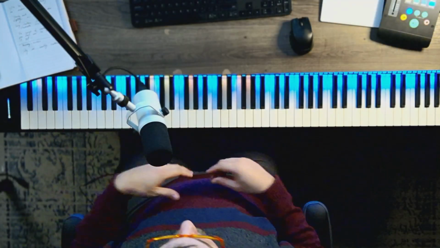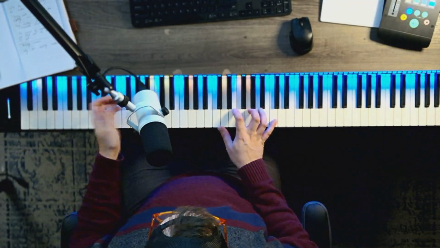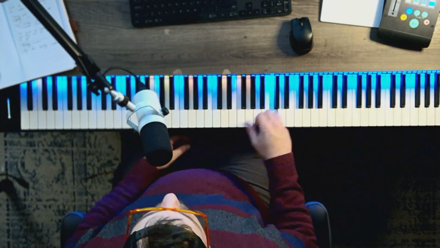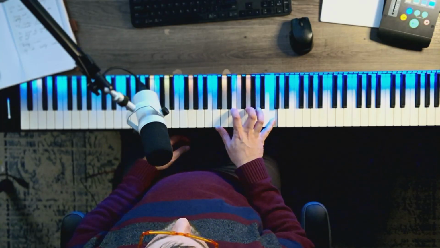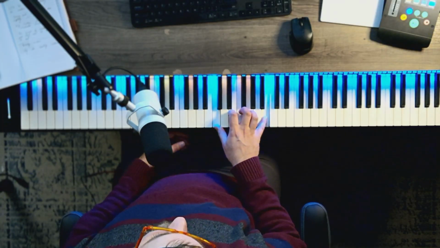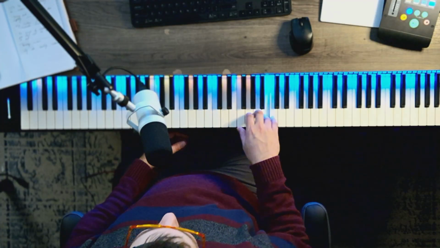With that said, I'm going to give you the brief sort of what is a mode, okay? Basically, what a mode is: if I take the key of C, right, I can use that same set of pitches. It's 7 notes, all the white notes from C to B, 1, 2, 3, 4, 5, 6, 7, okay?